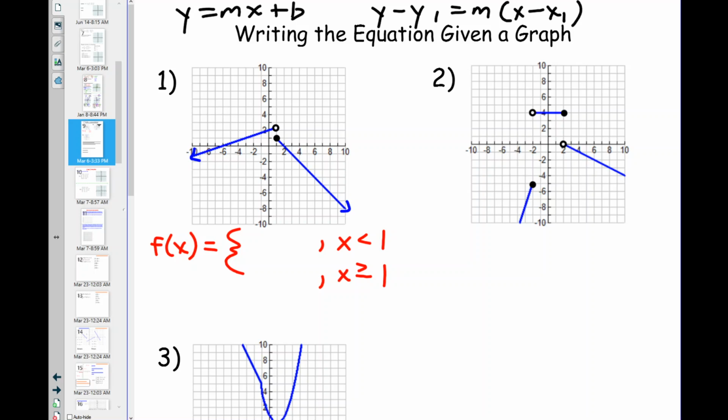Who remembers that? Nobody remembers that? Point slope? You did it in geometry? It's possible. Might have used it for like parallel and perpendicular lines.